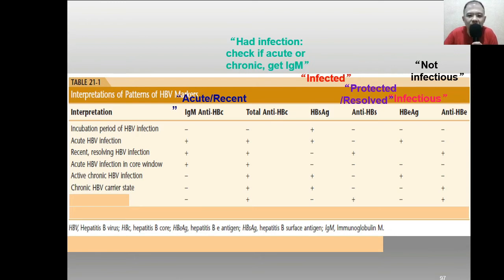How about this one? Okay, chronic, then with anti-HBS, with anti-HBE. So not anymore infectious. The patient is already immune. Resolved Hep B infection. How about this one? You just have the antibody. No HBS, no HBE.